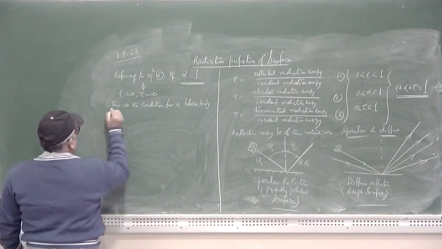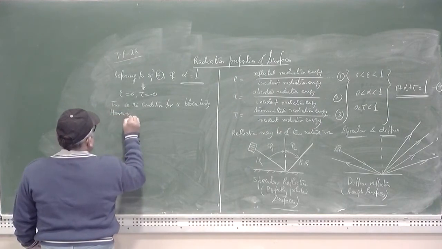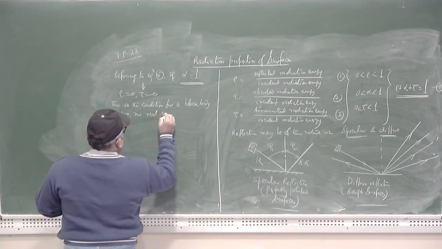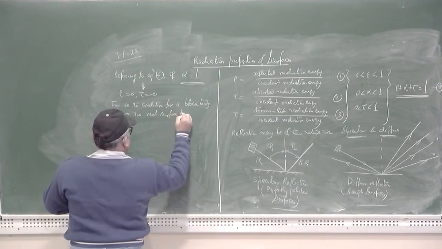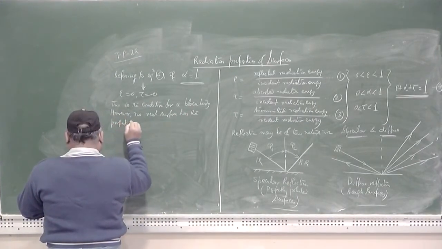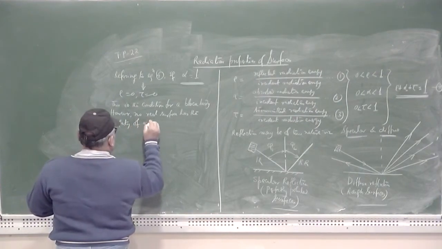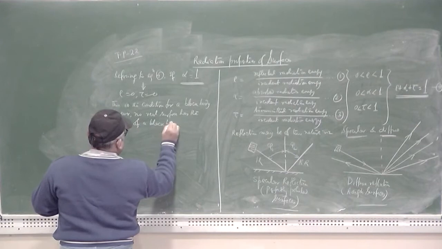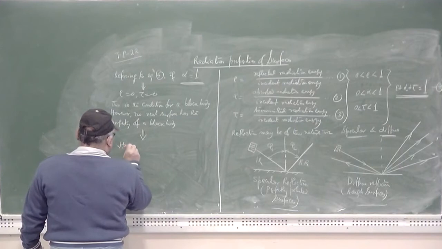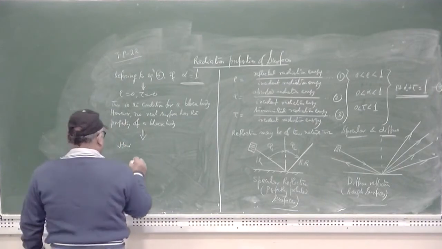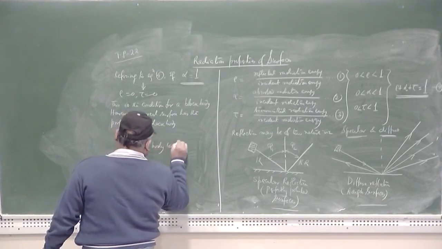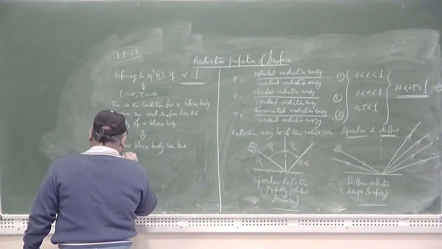However, no real surface has the property of a black body. So, the question arises, how is a black body approximated?